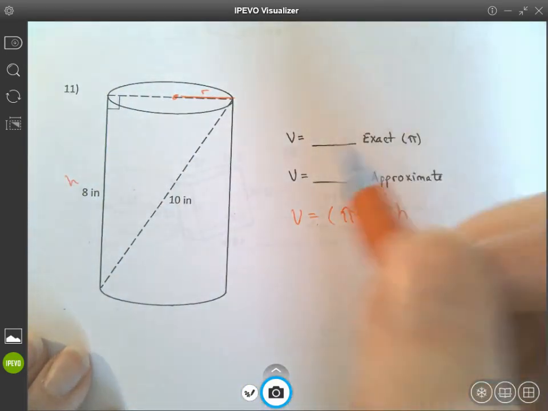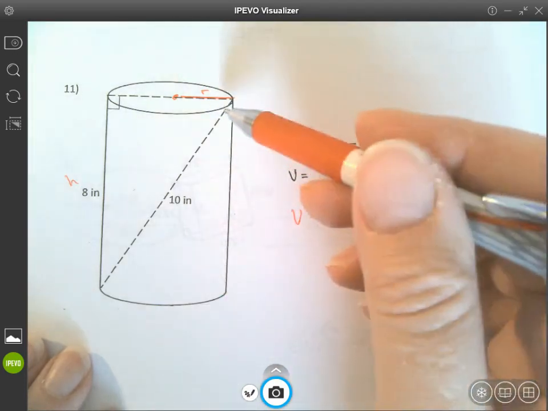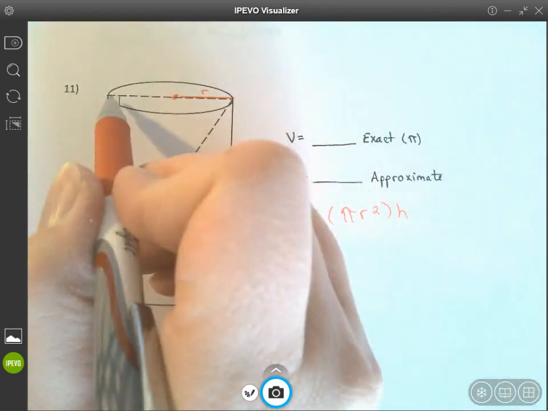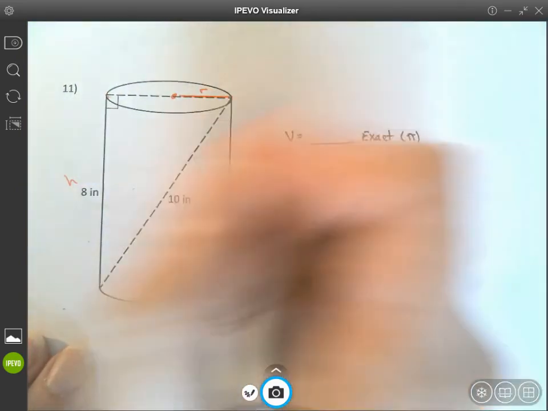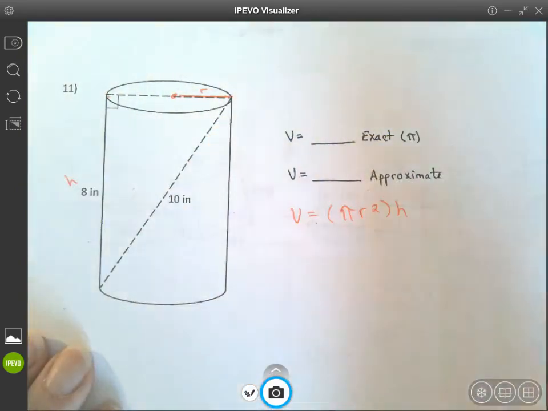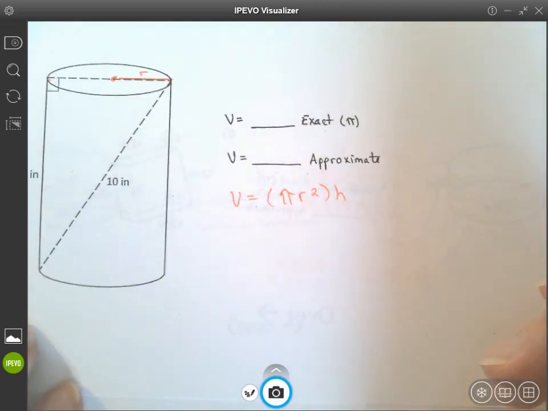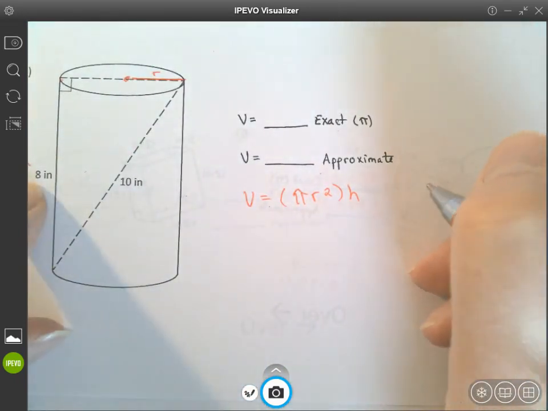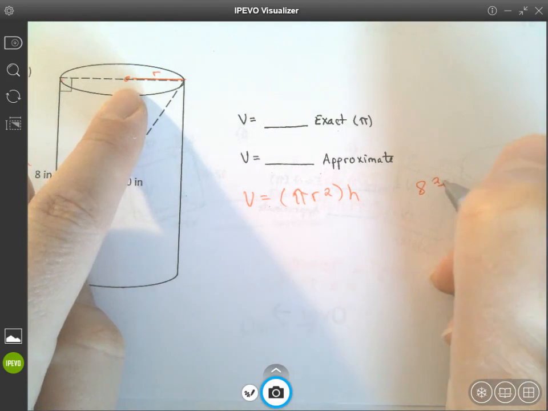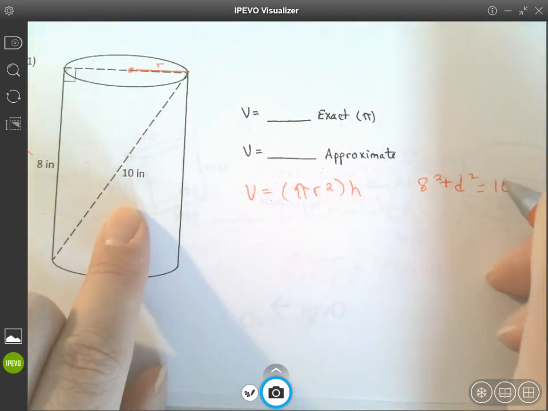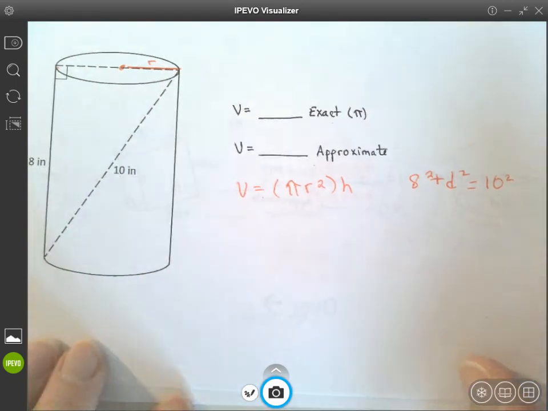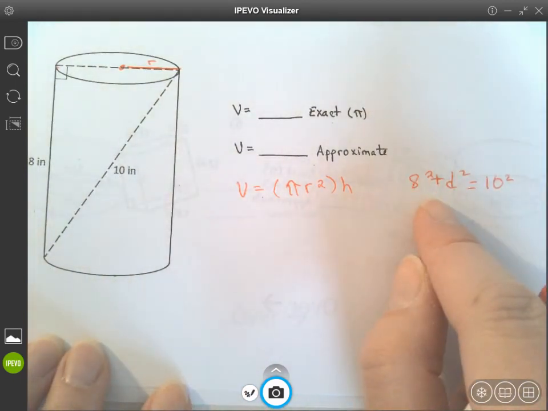Okay, so this looks a little upside down. When we did it before, we sort of used this part of it. But from here to here is the diameter, and it also makes a right triangle. So we have the height, and we have this diagonal. Now, when you go to do the Pythagorean Theorem, you need to be very careful. It is 8 squared plus the diameter squared, or b squared, equals 10 squared. A lot of people put this in the wrong spot because they want to put 8 squared plus 10 squared.